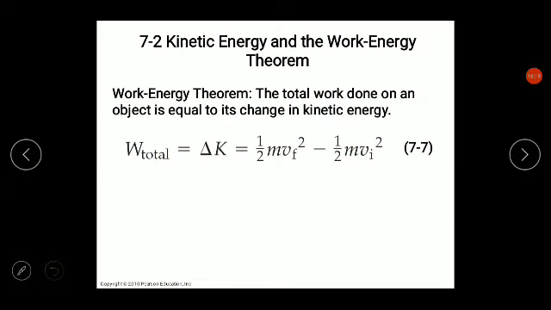Then you have there the work energy theorem. The work energy theorem states that the total work done on the object is equal to the change in kinetic energy. You shouldn't bother yourself that this equation is quite complicated.